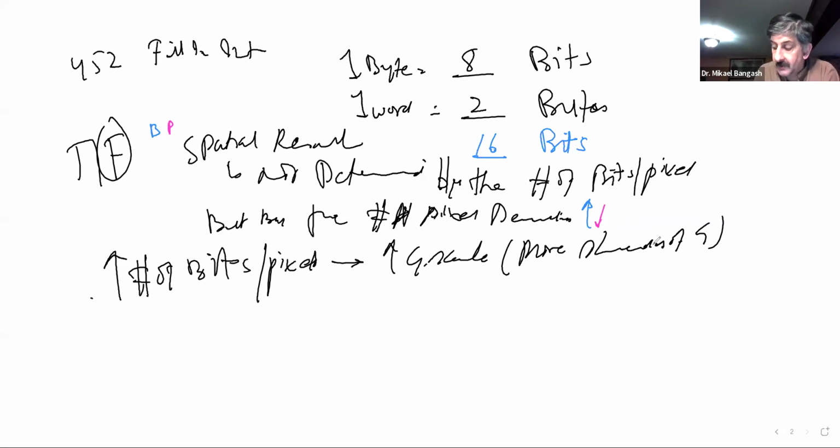So more shades of gray means greater grayscale, which will lead to lesser contrast and better or improved contrast resolution. Did that make sense?